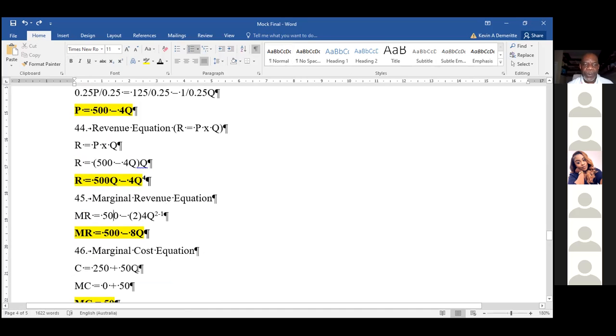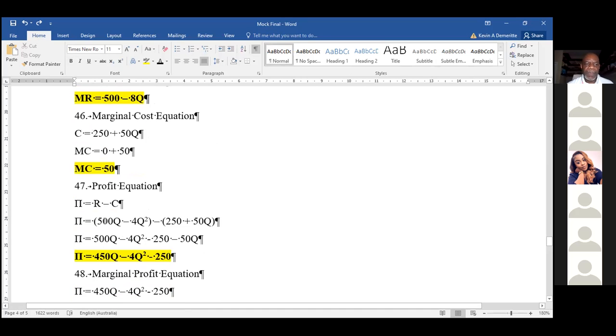So we just plug in those two equations: revenue minus cost. Here's my revenue equation, here's my cost equation. Now I have to remove my brackets and simplify this equation. You can't just leave it like that. That's not going to get you any marks.